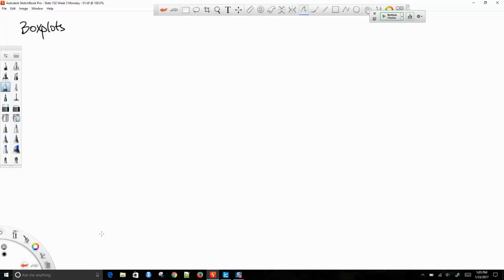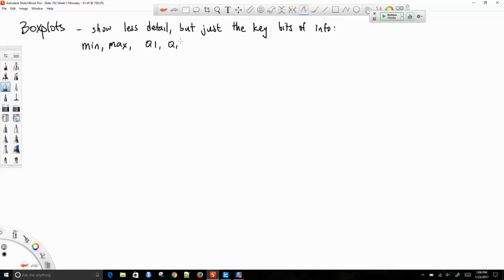So box plots show less detail in general, but just the key bits of info. The key bits of info would be the min, the max, Q1, Q3, and the median. So: median, min, max, Q1, Q3, and outliers.